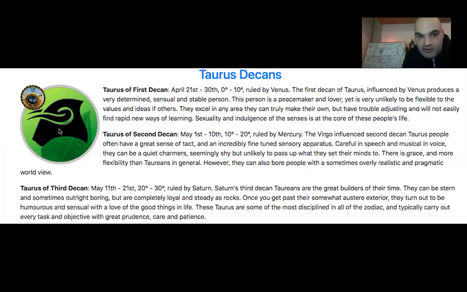The second decan of Taurus is from 10 degrees to 20 degrees. So my 18 degrees Taurus moon will be within the second decan of Taurus. So this section will apply to me, and then you can go through each one of your planets and see which decan it falls in.